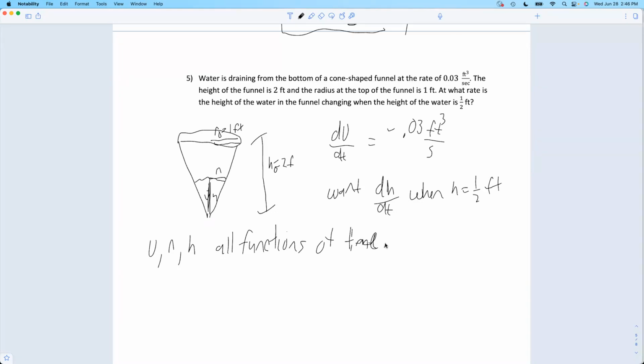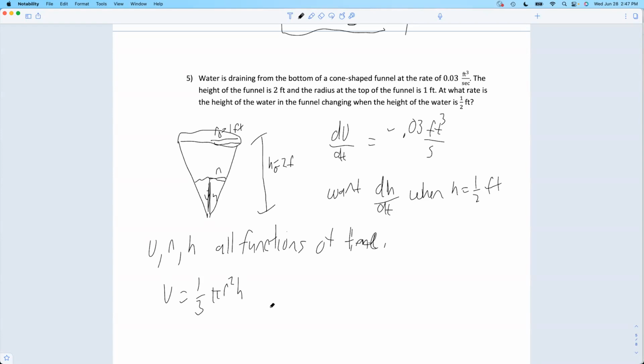Once you get that, related rate problems are not too bad. Find some formula that relates volume to radius and height of a cone. And that's just the volume of a cone in this case. And you might have to look that up. That's 1/3 pi r squared h.